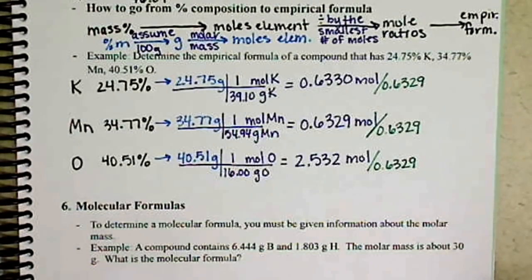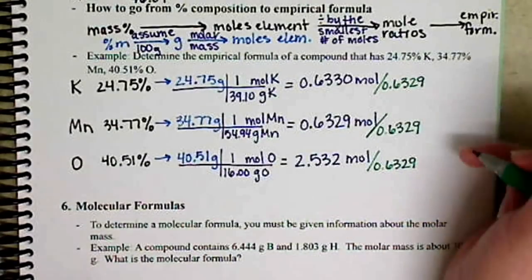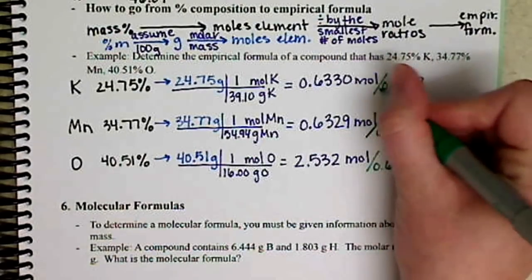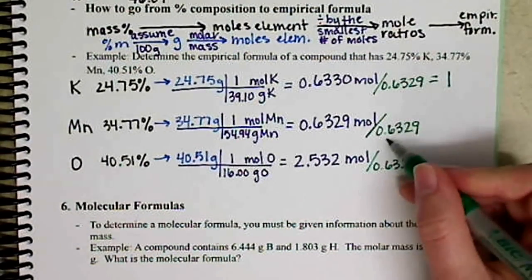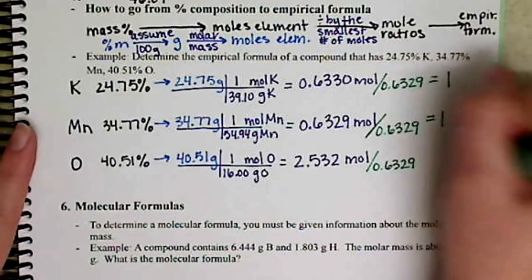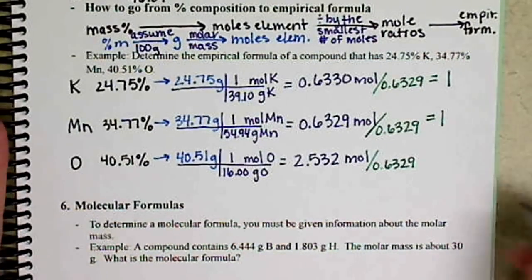And we want to keep some of our decimals. This is where you're going to approximate a little bit. I would approximate to the nearest quarter, or sometimes a third is a more convenient number to round to. But for this first one, this is going to be essentially 1. For manganese, we're dividing by the same number, so that is 1.